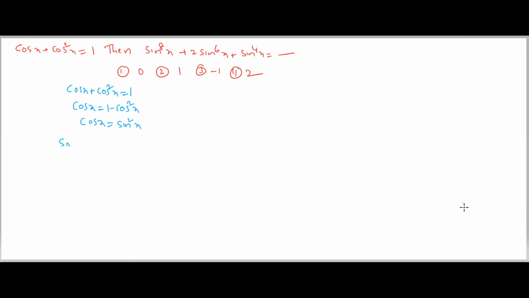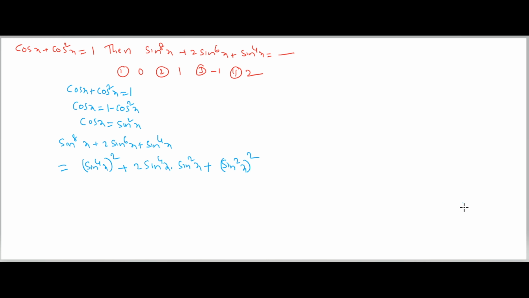So sin power 8x plus 2 sin power 6x plus sin power 4x is written as (sin power 4x) whole square plus 2 sin power 4x into sin square x plus (sin square x) whole square.